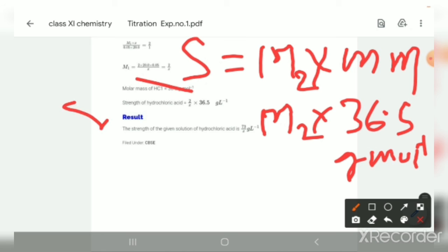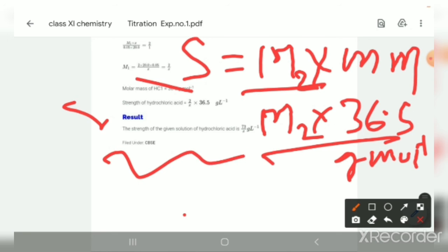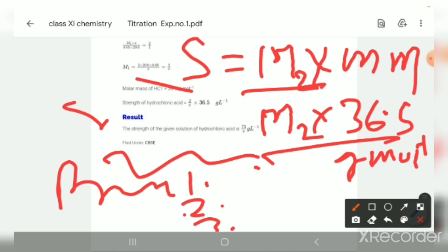Thereafter you have to write the result, that the strength of the HCl solution, whatever you get from here, and the molarity, whatever you get from here, you have to mention. And after that you have to write at least 1, 2 and 3 precautions. So the first precaution will be to maintain social distancing.